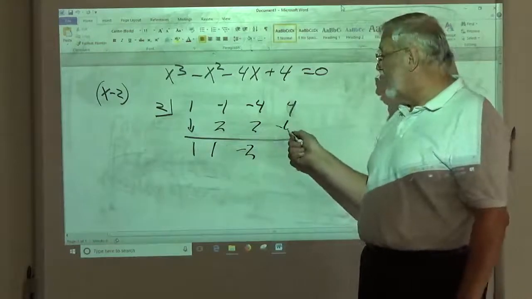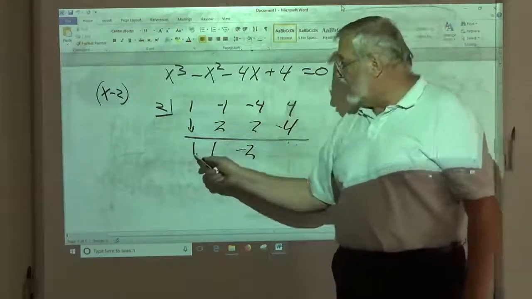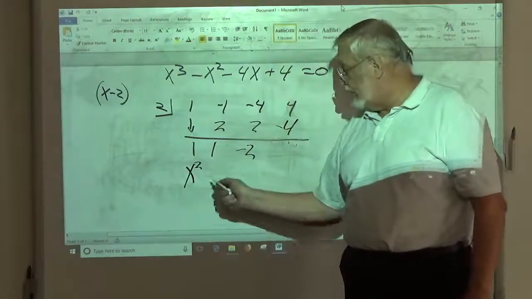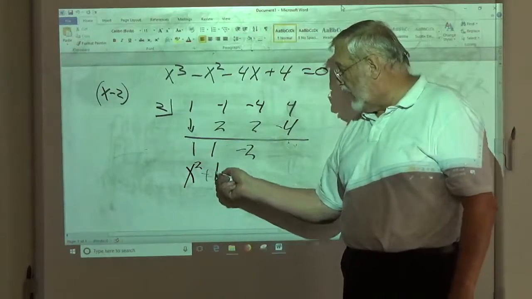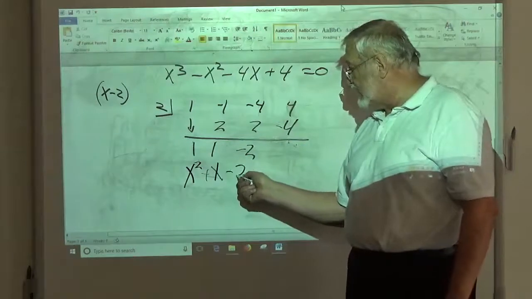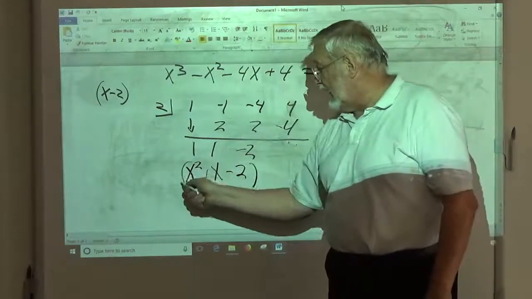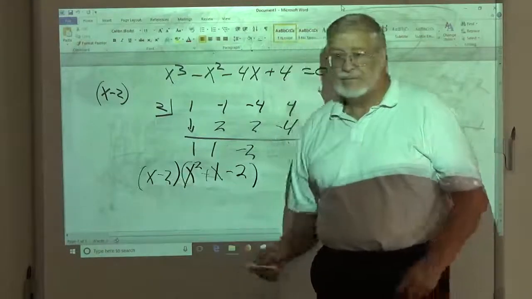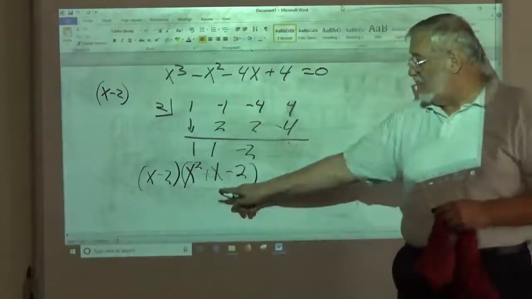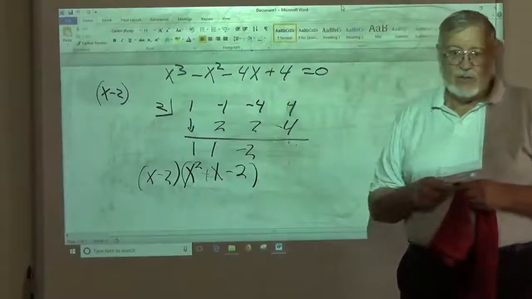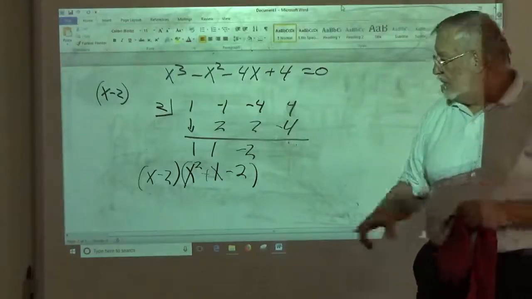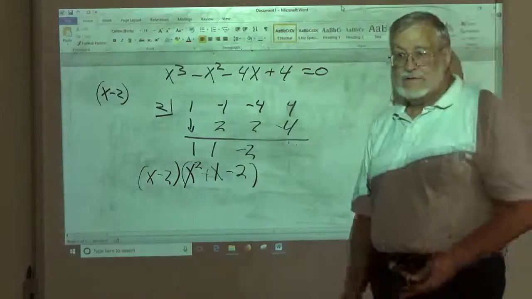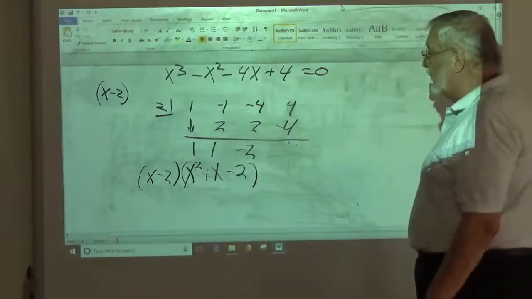Multiply, and that's 0, and so I know that because this is x cubed, this is 1x squared plus 1x minus 2 and x minus 2. And then I have to factor this, which hopefully you can see, because that's a 1, so it's the factors of -2 that add up to 1. So it's x minus 2, x plus 2, and x minus 1.